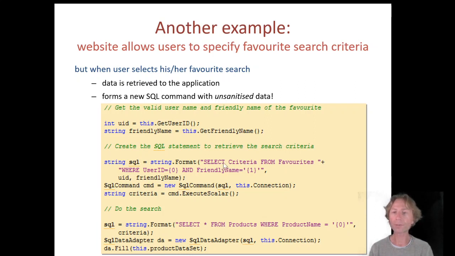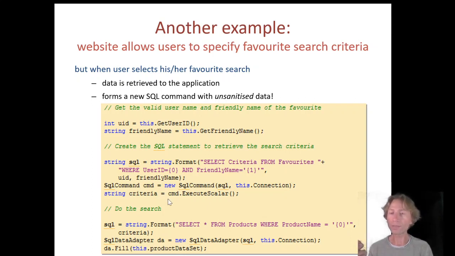So we select the criteria from the favorites table where the user ID equals whatever we provide, UID, and the friendly name is whatever we provide, the friendly name. And then we execute this query and we gather the results in the criteria.